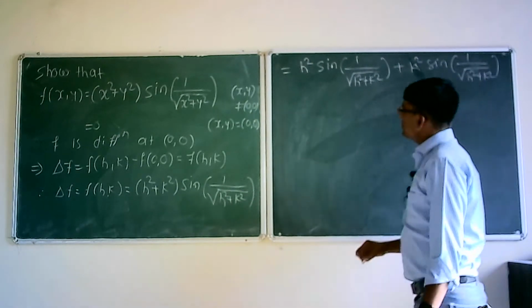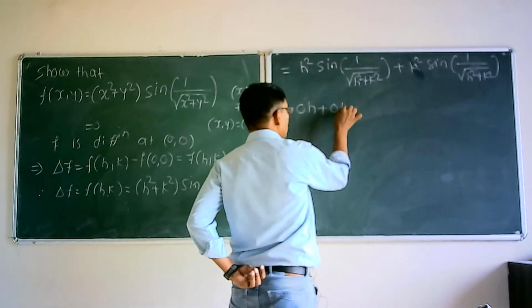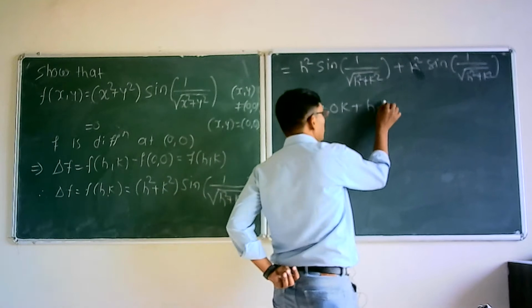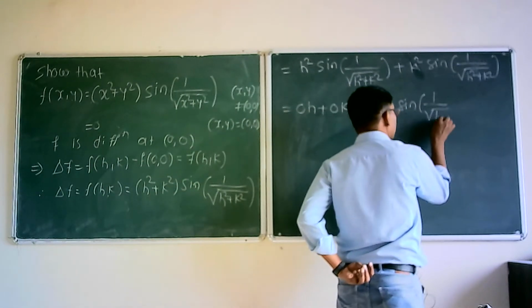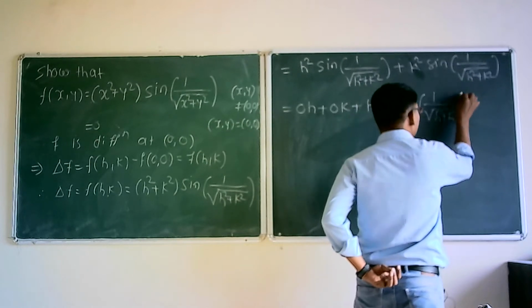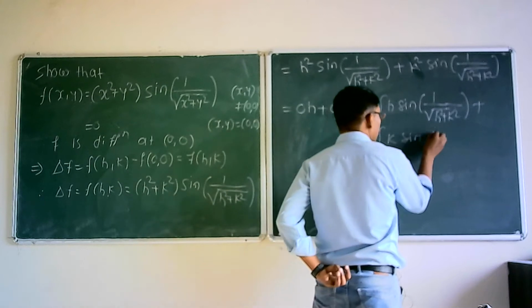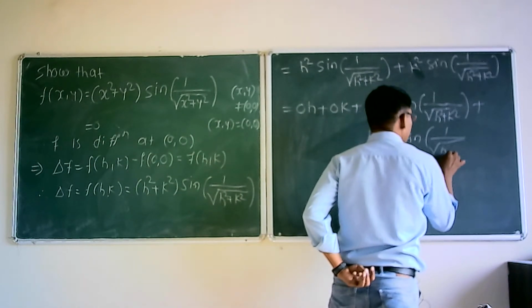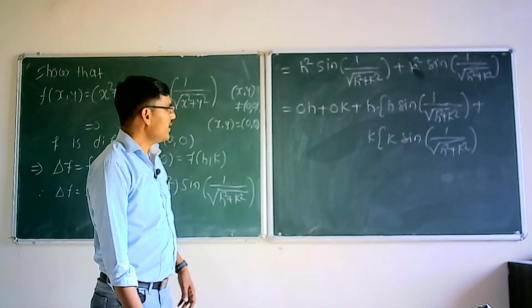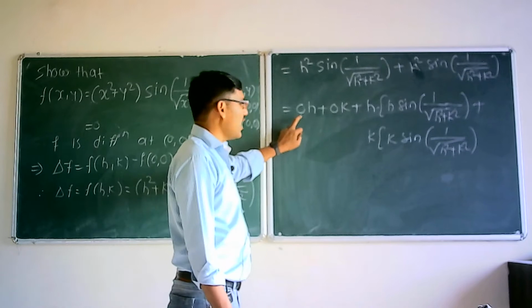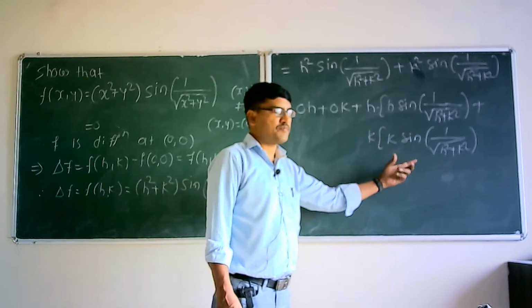This can be written as 0·h + 0·k + h·(h sin(1/√(h² + k²))) + k·(k sin(1/√(h² + k²))). Here we are going to show that our A is 0, B is 0, and these are ε1(h,k), ε2(h,k).